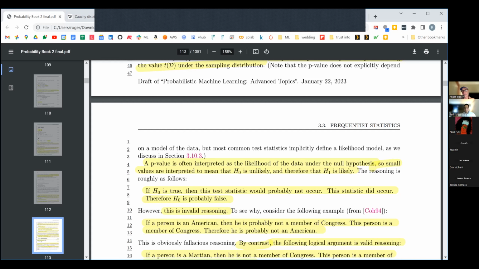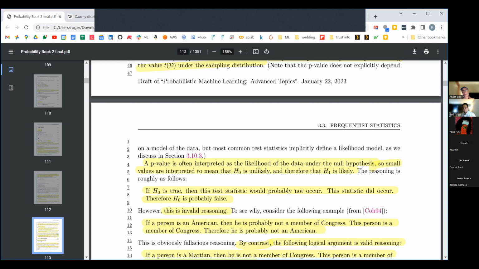I thought I heard Neil say that proper use of null hypothesis testing would allow you to disprove or reject the null hypothesis, but it doesn't necessarily confirm the alternate hypothesis. Is that right? It doesn't even conclusively rule out the null hypothesis.